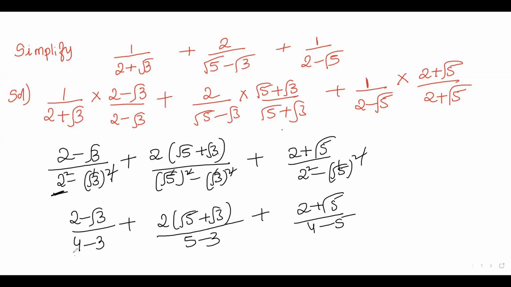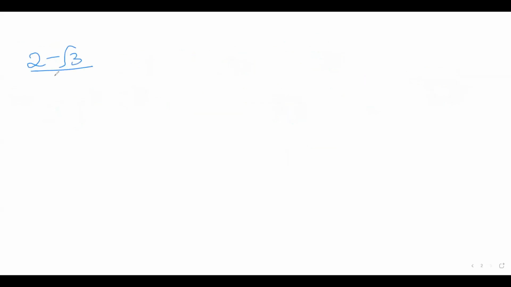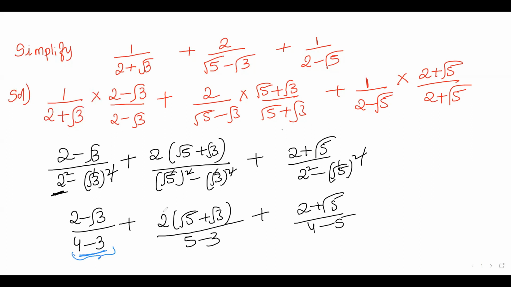So 2 minus root 3 by, subtract 4 minus 3, you will get 1. Second term, 2 into root 5 plus root 3 as it is.